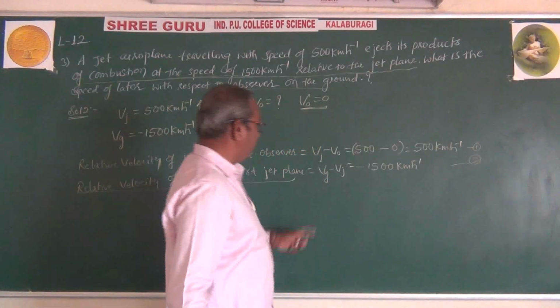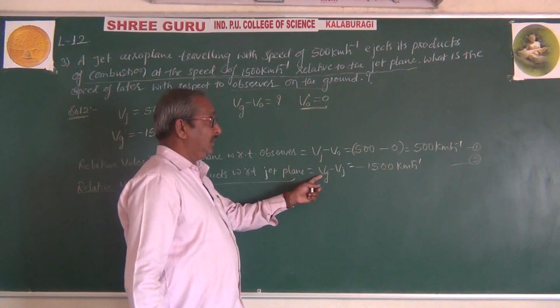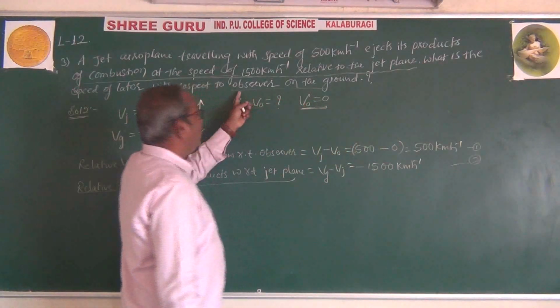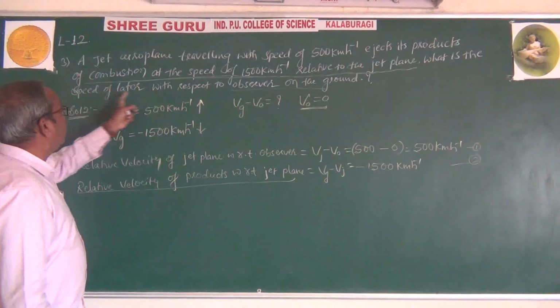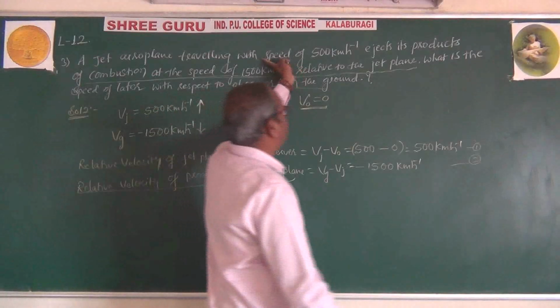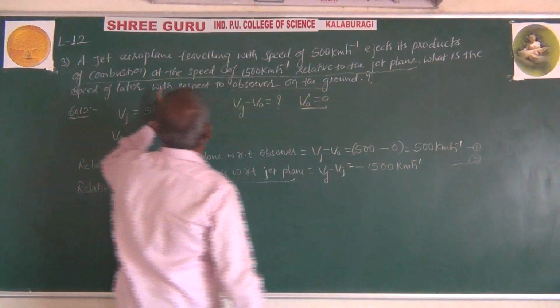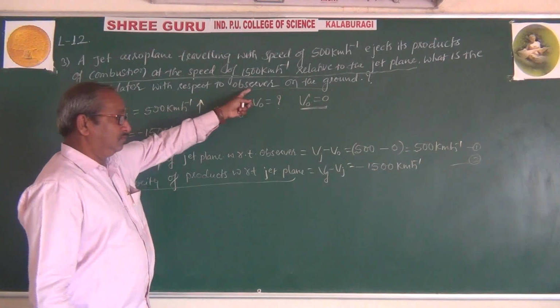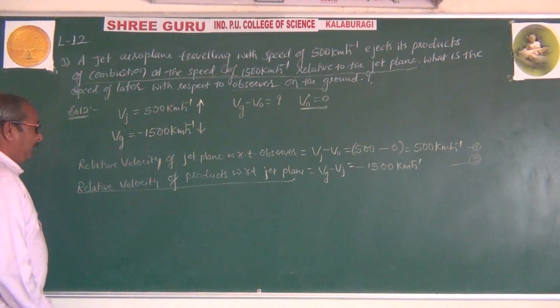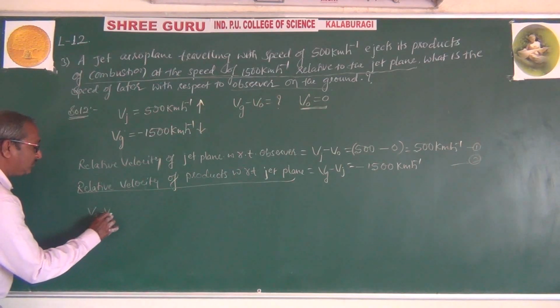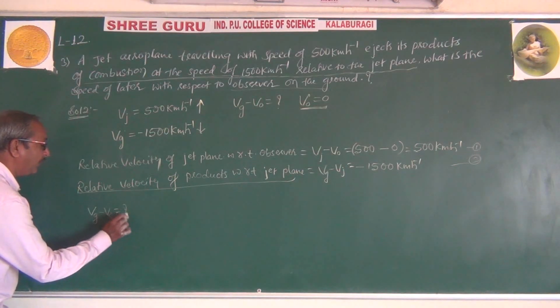So here we want to find out the velocity of the latter, the speed of the product with respect to the observer. Speed of the latter means first is jet, next is product. So the velocity of the product with respect to the velocity of the observer, that we have to find out. That means we have to find Vg minus Vo.